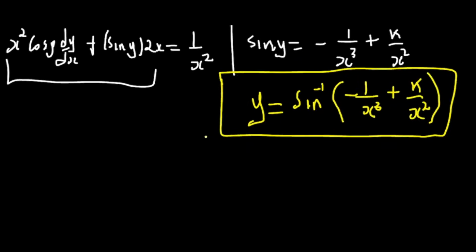So on to the third and the last question under exact differential equation. Now looking at this question, we see clearly that we want to express the left hand side as a product.